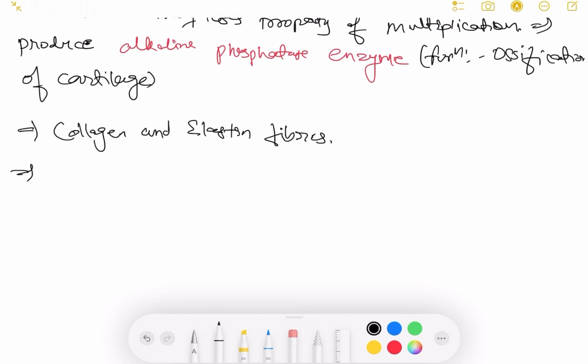Now next, the intercellular substance gives firmness to cartilage, that is matrix. What is the function of matrix? It gives firmness to cartilage.